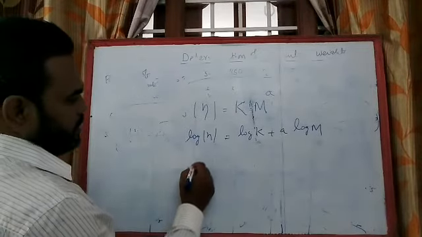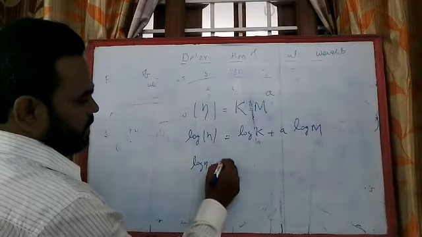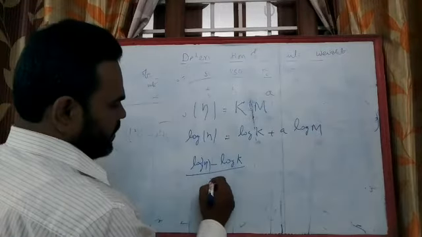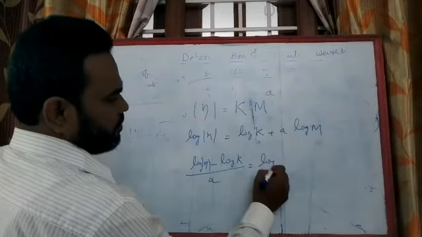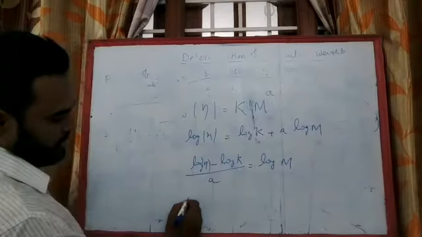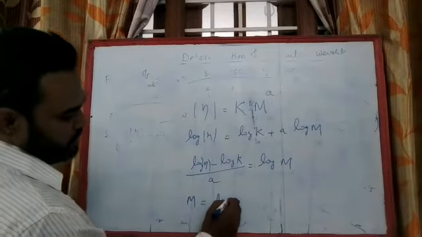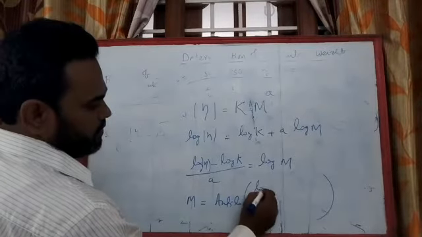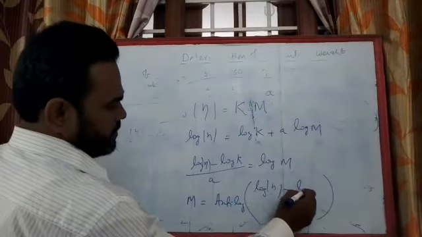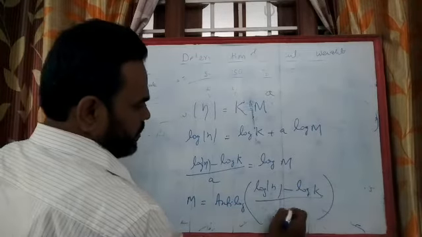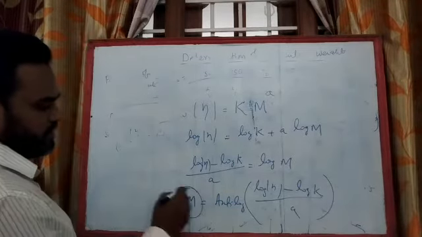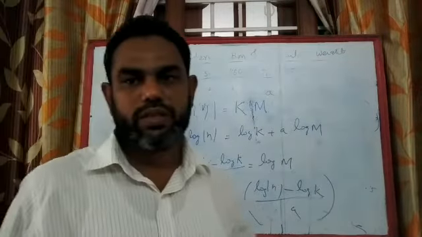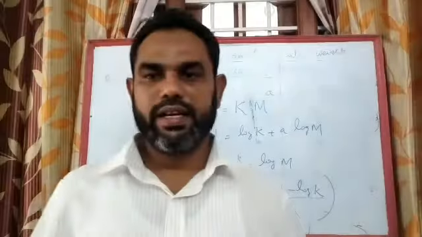So log eta minus log K, divided by A, is equal to log m. So m is equal to the antilog of this entire value, (log eta minus log K) divided by A. So you have measured the viscosity average molecular weight through this experimental technique.